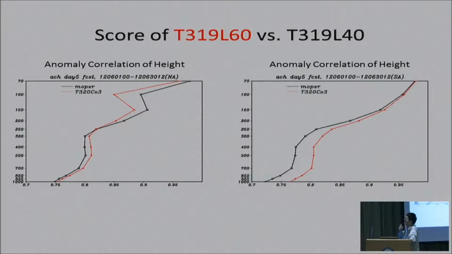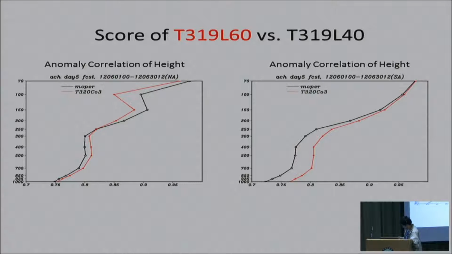How about the L60 model, given that the operational model is L40? The left panel is the vertical profile of anomaly correlation on day 5 forecast from June 1st to June 30 last year.